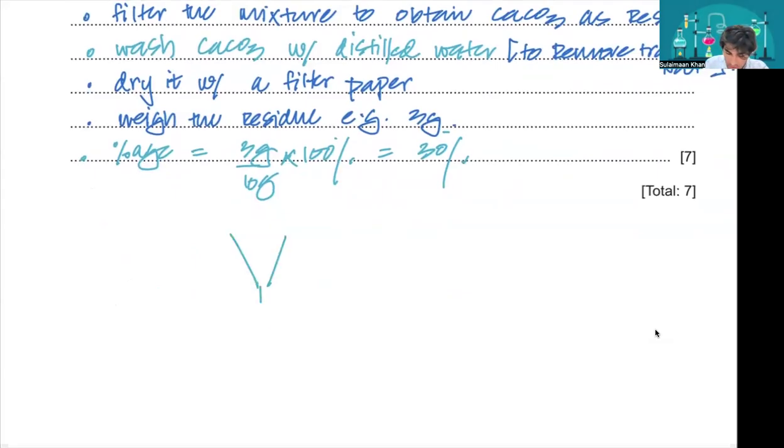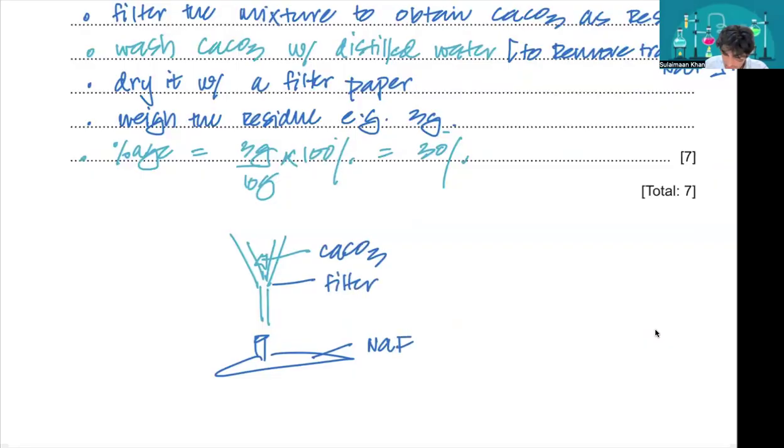And if you want to make a diagram for it, it's pretty simple. You could just draw a diagram for filtration, and you can even get marks for drawing the correct diagram. That's the calcium carbonate, that's the residue, and this is sodium fluoride right here, and this is called a filter funnel, and the inside V is the filter paper.